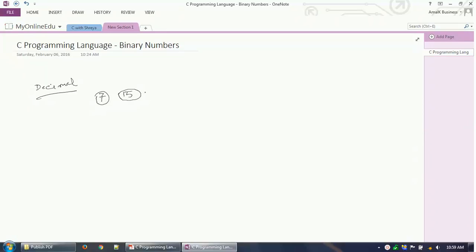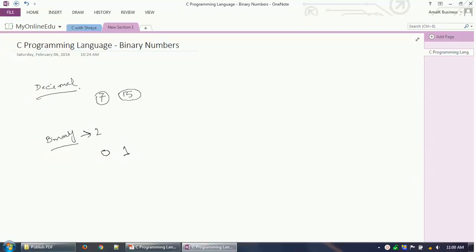That is why these are called decimal numbers. But binary has a base of 2, and that is why it is represented by only 0 and 1. Any number cannot have anything else other than 0 or 1.